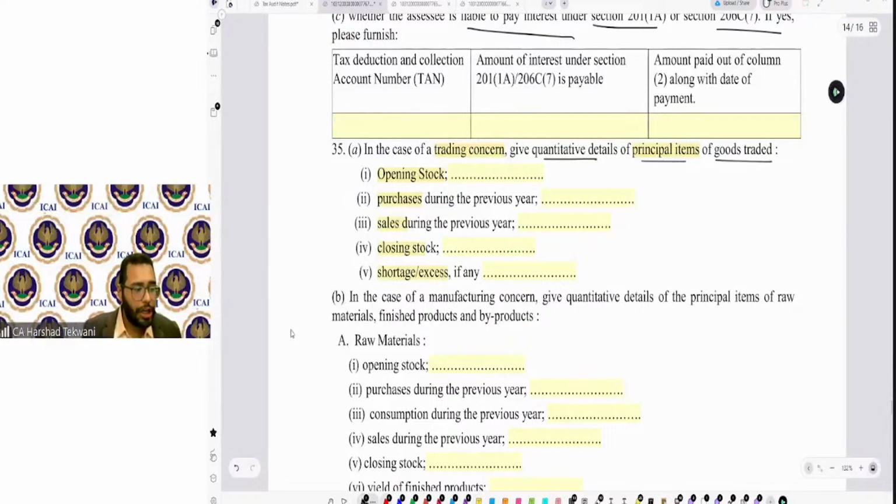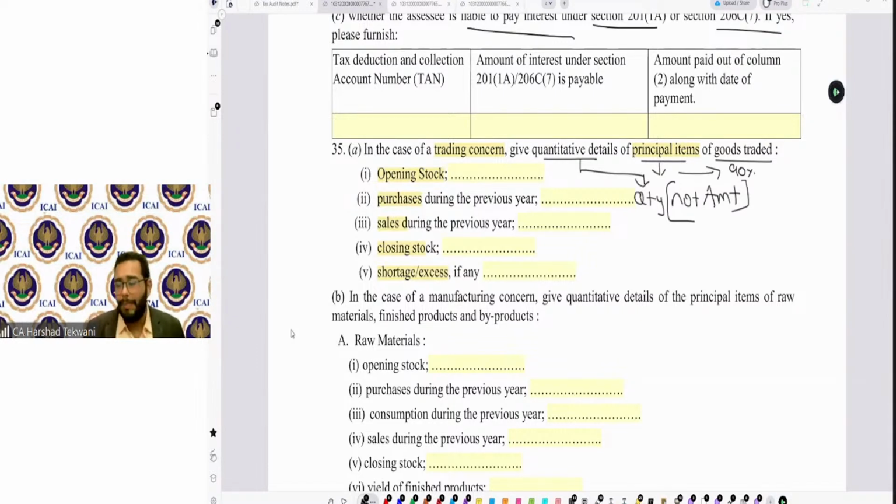Now, when I say quantitative details, this is quantity we are asking, not amount. That is the quantitative details with respect to the principal items. Principal items can be those which comprise 90% or 80% of your goods traded.